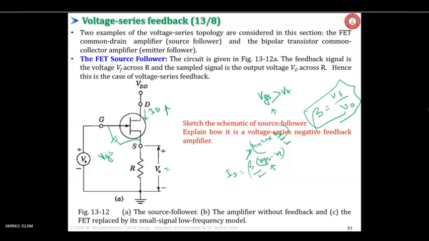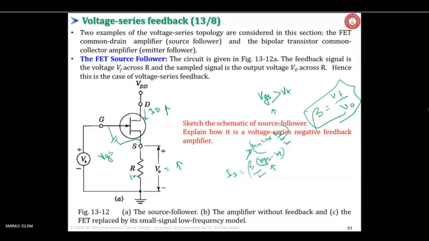Voltage across this resistor. This resistor is fixed. Whatever it is, maybe 1K, let me write 1K. 1K resistance was there earlier when ID was less. Now also 1K only, but now current has increased. What will happen to the VO? It will increase or decrease? It will increase. Amount we don't know, but we know that it is going to increase.